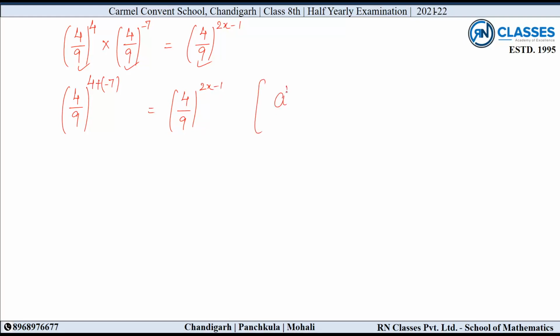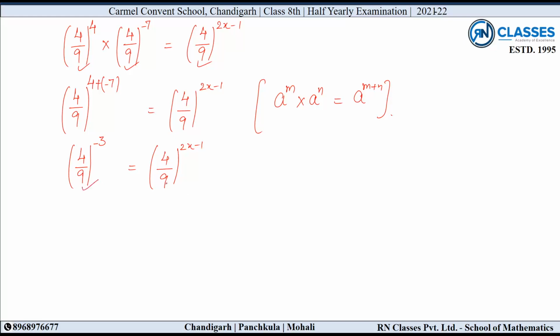A raised to the power m into a raised to the power n is equal to a raised to the power m plus n. You have to write this to get full marks. So 4 by 9 raised to the power minus 3 is equal to 4 by 9 raised to the power 2x minus 1. This is what we got.